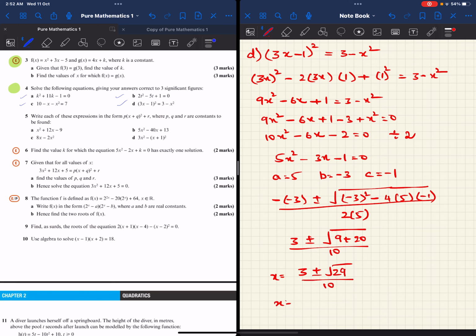So our x values are 3 plus root of 29 all divided by 10, which is 0.839 to 3 significant figures, and 3 minus square root of 29 all divided by 10, which is negative 0.239 to 3 significant figures.